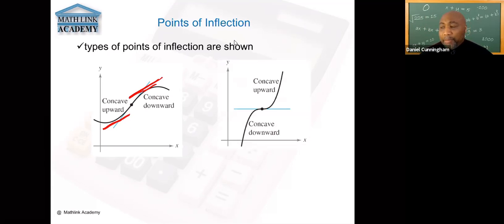Let me show you another example. Here's another point of inflection. You see the point, and you see that one side is concave down on the left side, which is right here, and this is concave up. And where they meet is called the inflection point, or the point of inflection. Now I want to ask you, what is the slope in this case?